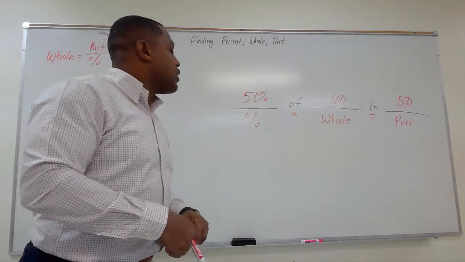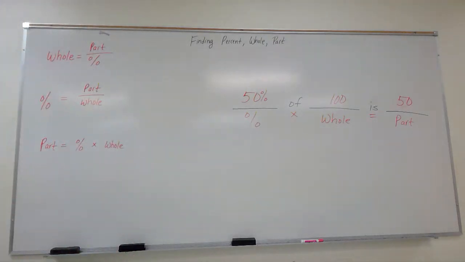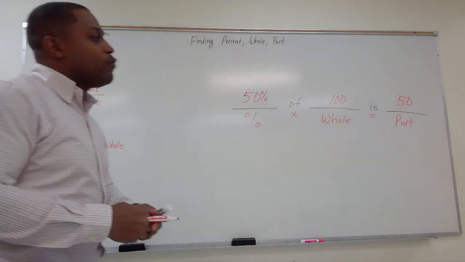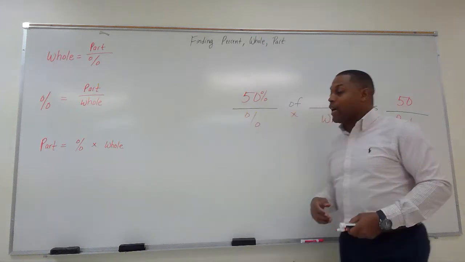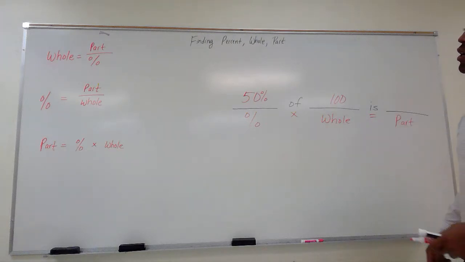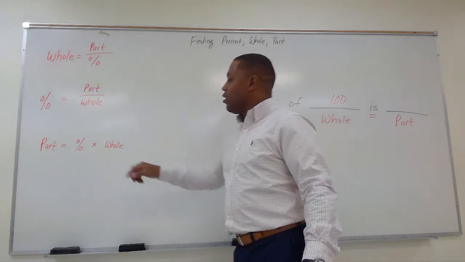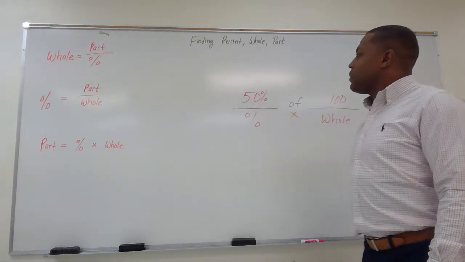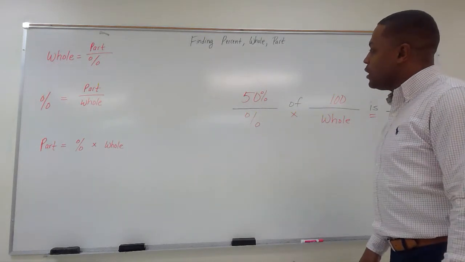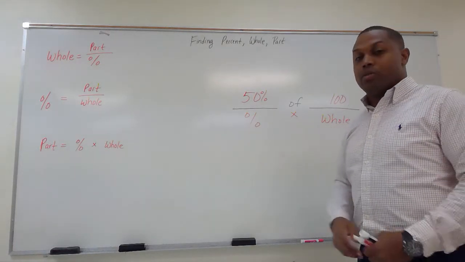I just wanted to show some things to help us understand how to get there. If we were to take out the 50 here and someone's asking for the part, then we need to do the percent times the whole. But I'm not going to do 50 times 100. So let's talk quickly about how to turn a percent into a decimal.